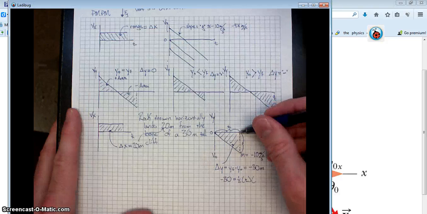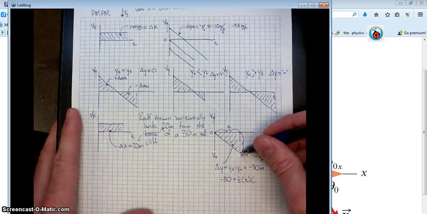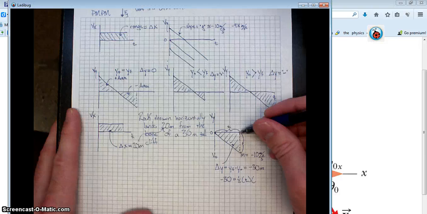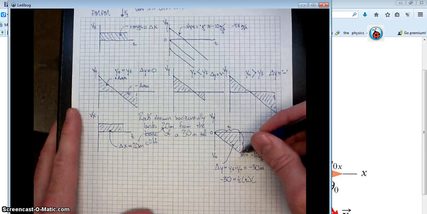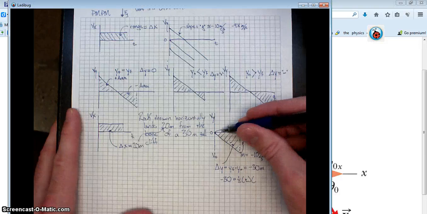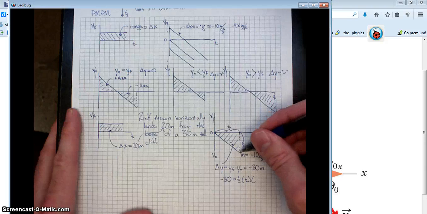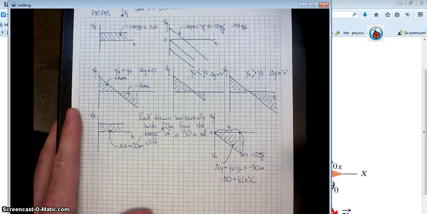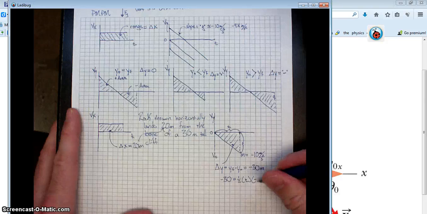So if it's 1 second over, we're going to be going -10 meters per second. If we're falling for 2 seconds, then our velocity would be -20 meters per second. If it's 3 over, this is going to be -30 meters per second. That's the pattern for the velocity there. So I'm just going to write -10 meters per second squared times t.